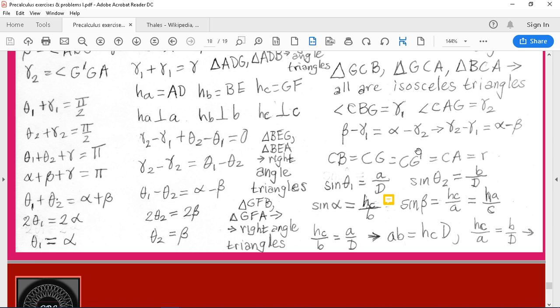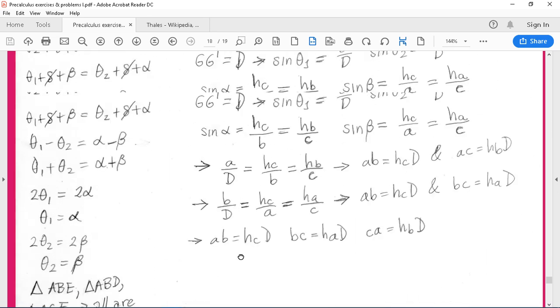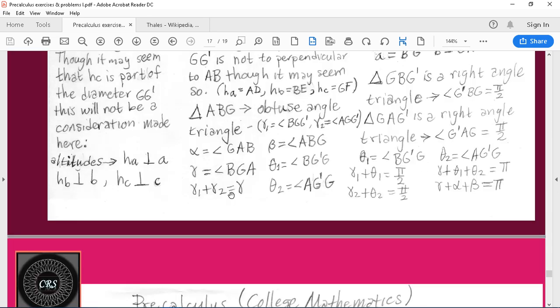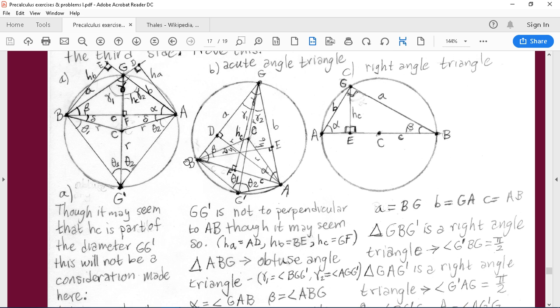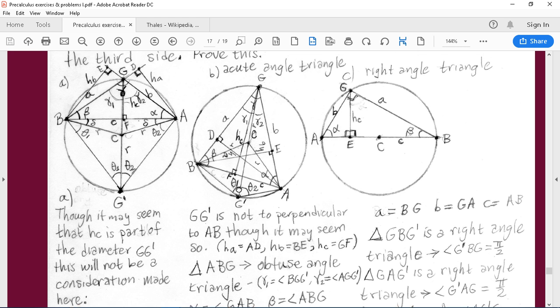Okay, as for the trigonometric functions of the angles, we have that sine of theta 1 equals a over d, and sine of theta 2 equals b over d, which can be seen here in the figure. Sine of theta 1 equals a over the diameter d of the circle, which is g prime.